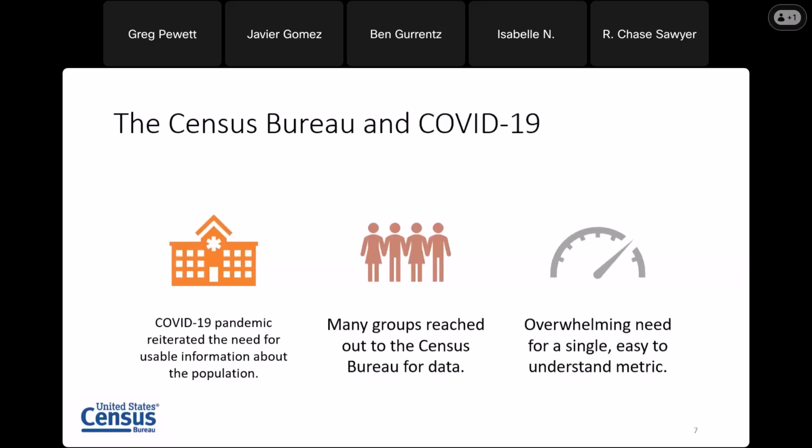The origins of the community resilience estimates can be traced back to the COVID years, where the pandemic reiterated the need for usable information about the population. Many groups reached out to the Census Bureau for data, with an overwhelming need for a single, easy-to-understand metric.